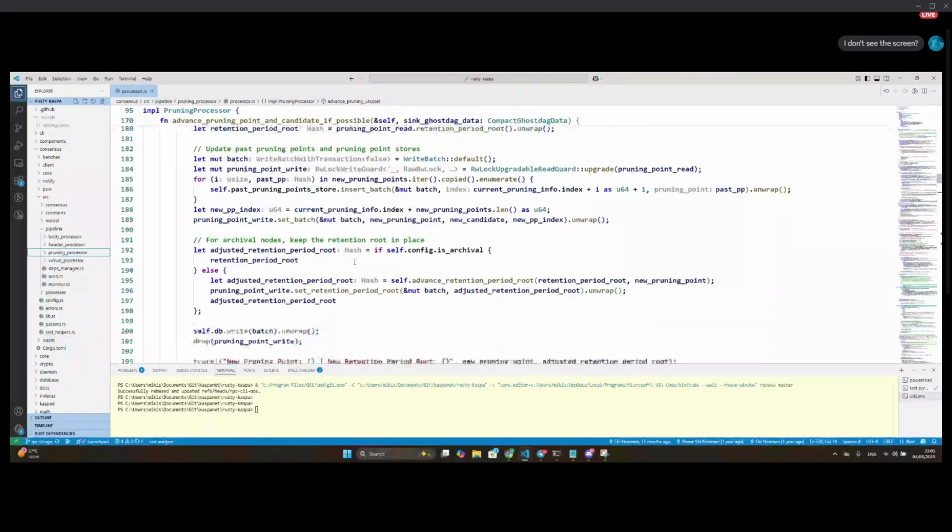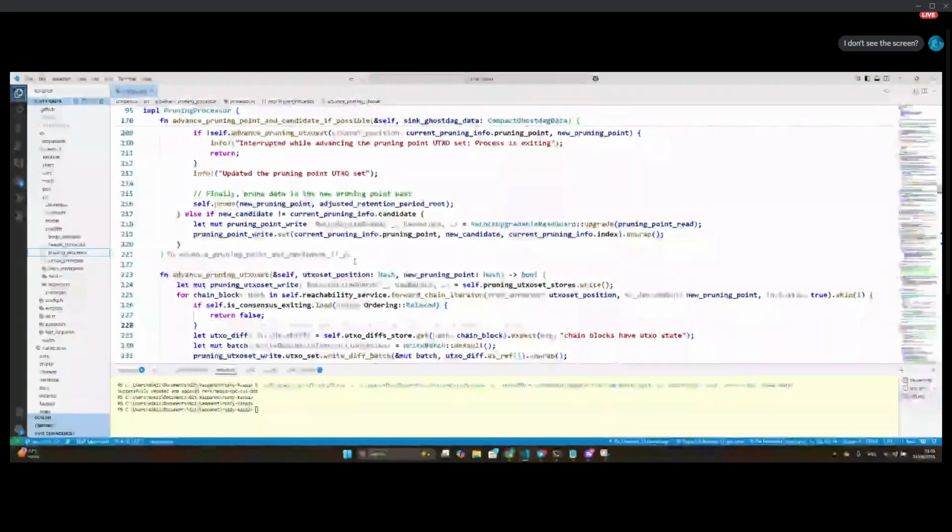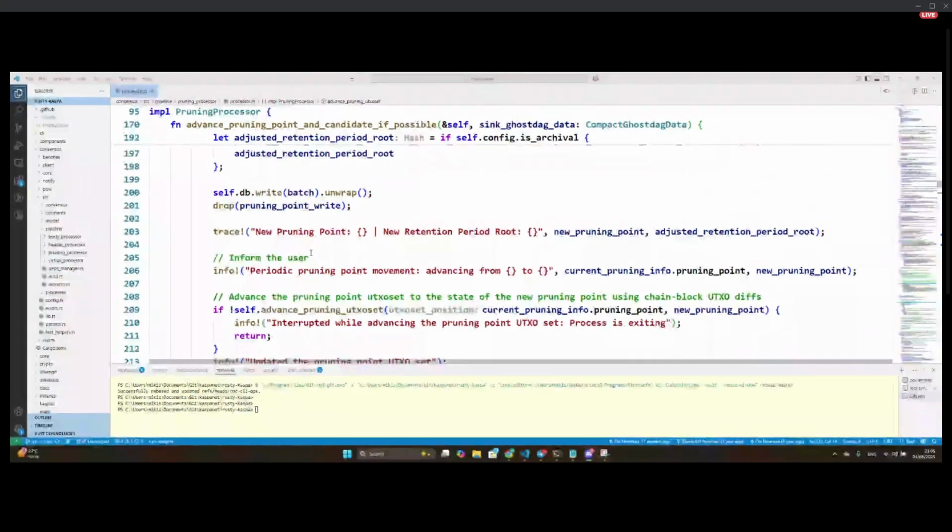It's a bit hard to see the text for me, but this size is okay, I guess. I'll zoom in when I go into specific lines.